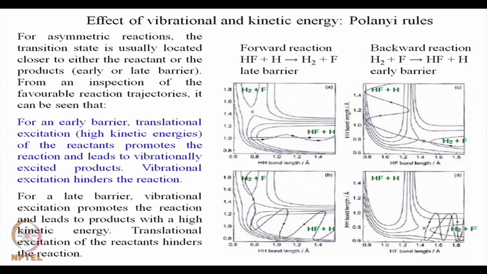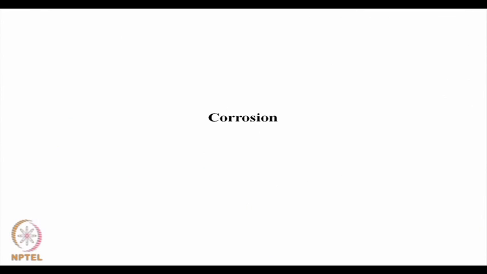The topic that I am now going to cover is different from reaction dynamics, that is corrosion. Corrosion is a thing that we have not dealt with earlier, but I guess I should give you a little idea of these things.